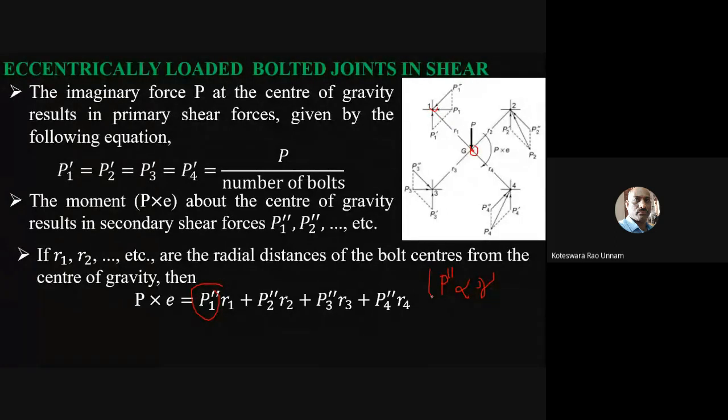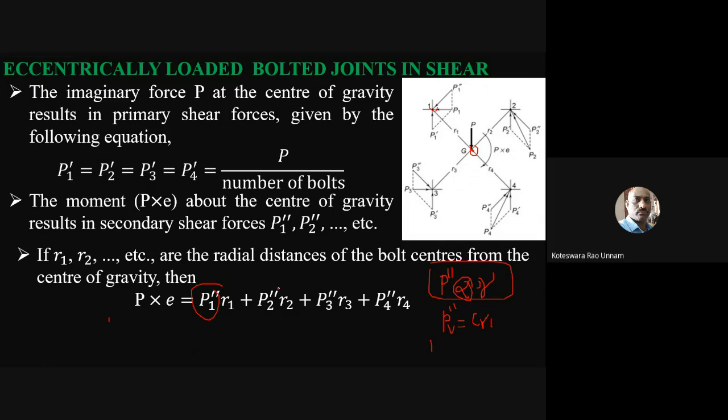If I assume the secondary shear force is directly proportional to R, then I can further simplify this equation. To remove the proportionality symbol, I'll write P1 double dash is some constant, the proportionality constant, C into R1.